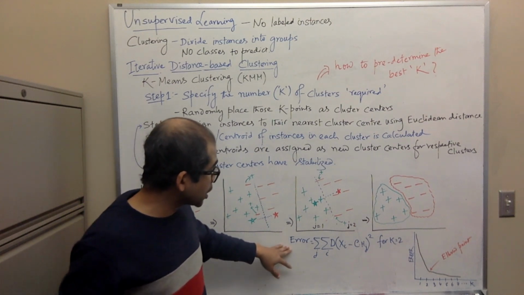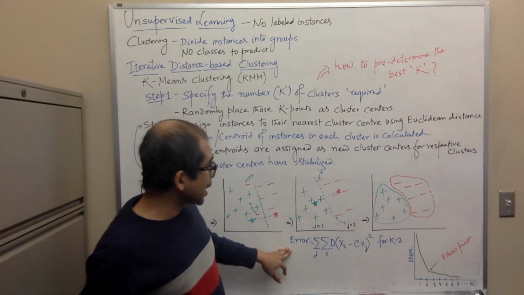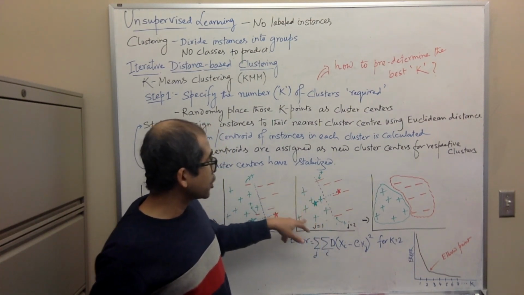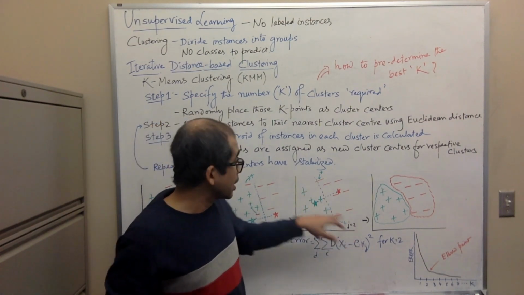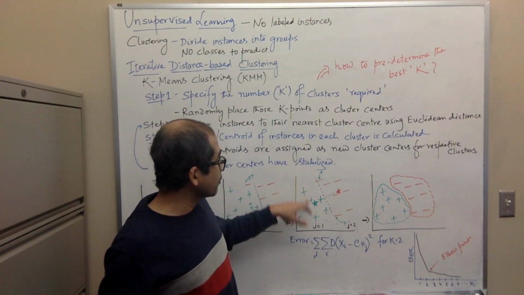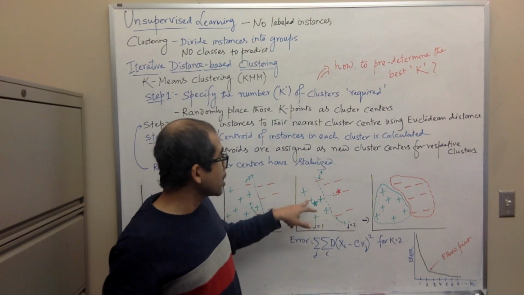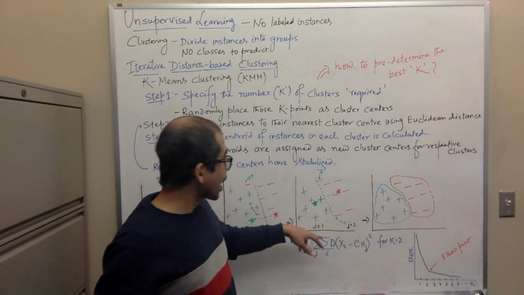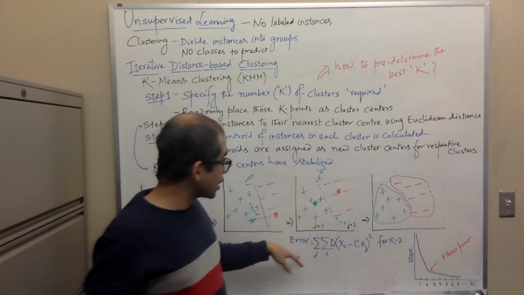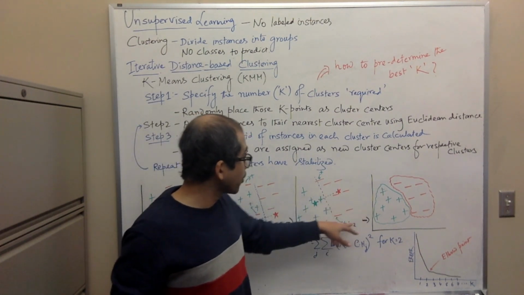So there is a way, you see, we can calculate the error. What is the error? It's basically the distance of individual samples from the corresponding cluster head, like for this green one with this green star. And similarly for all of them we calculate the error, and then we take the square and sum them up. Okay, sum the total error. Similarly, we also do it for this cluster.